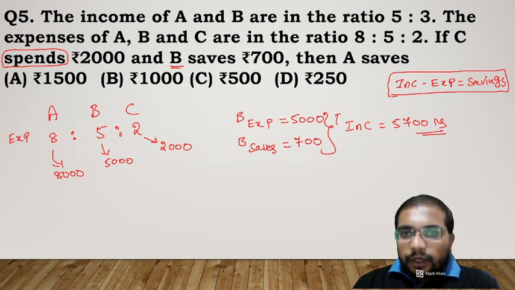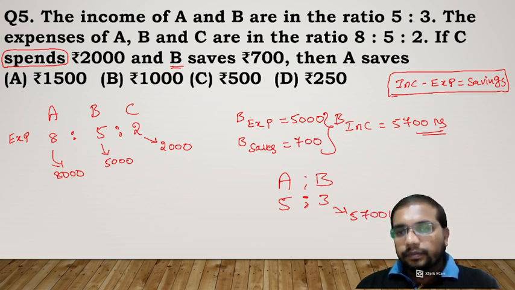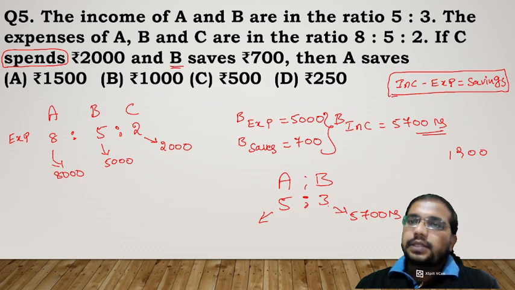Which income is this one? B income. But A and B incomes ratio is 5:3. So 3 parts is 5700. 1 part is how much? 1900.